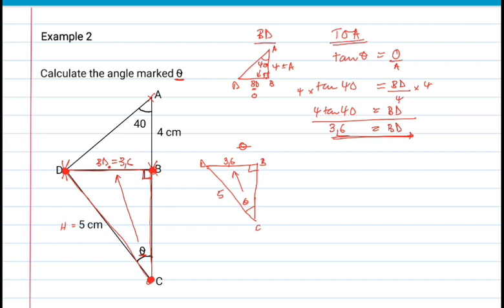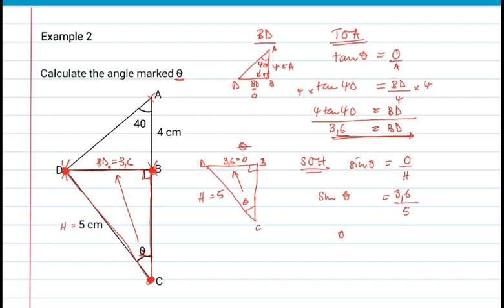If we do this, here we have opposite, here we have the hypotenuse, we have O and H, which means we are going to make use of SOH. So we have sine theta equals opposite over hypotenuse, which is sine of the angle theta equals our opposite, 3.6, all over our hypotenuse, which is 5.